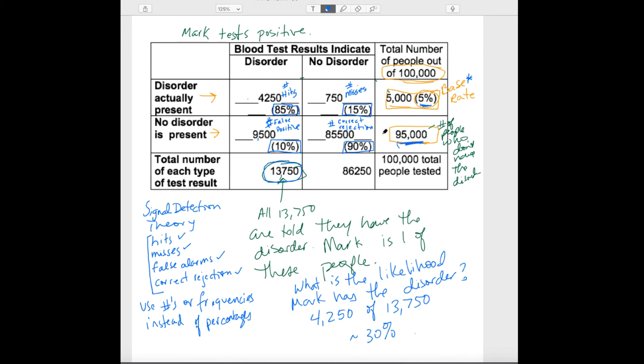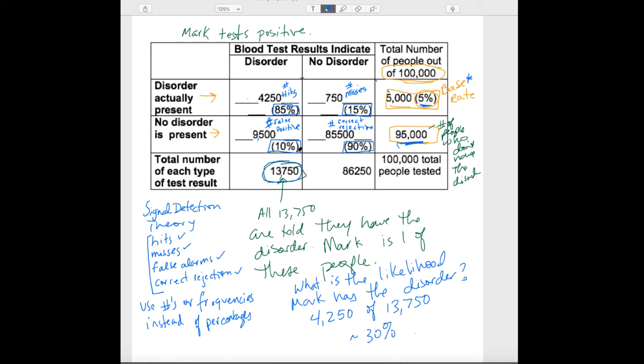And that's why a majority of the people tested receive a false positive, because that 10% is coming from a large number, whereas this 85% is a larger percent. Yes, the test is 85% accurate, but only in the relatively small number of people who do have the condition. So 85% of a small number is a smaller quantity than 10% of a large number.